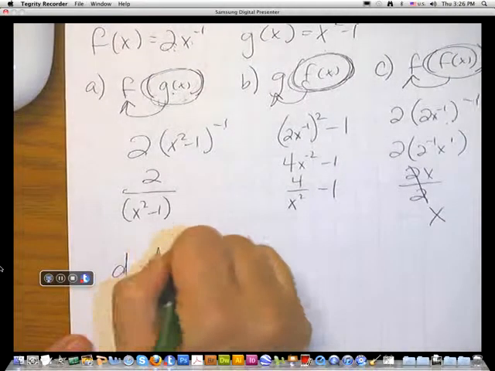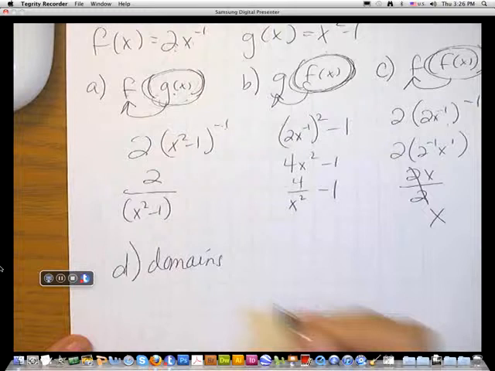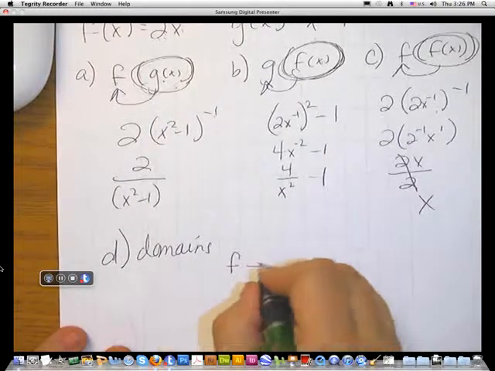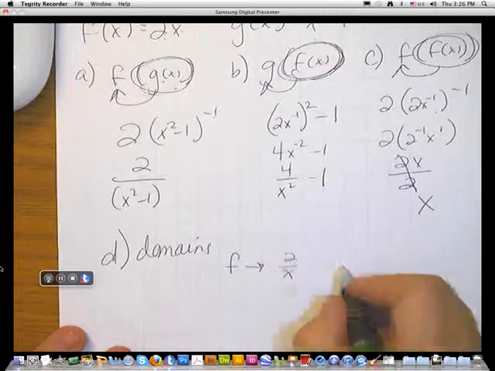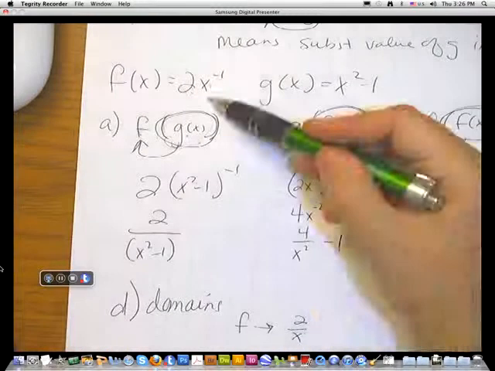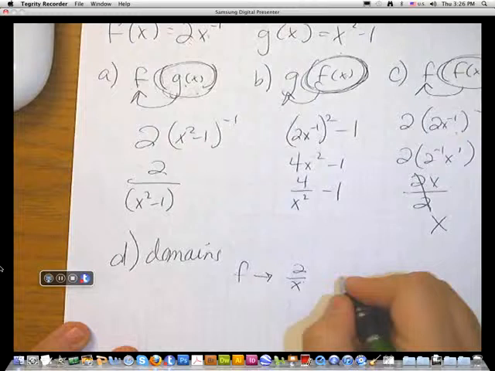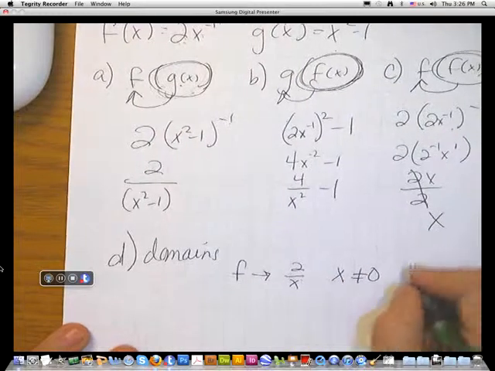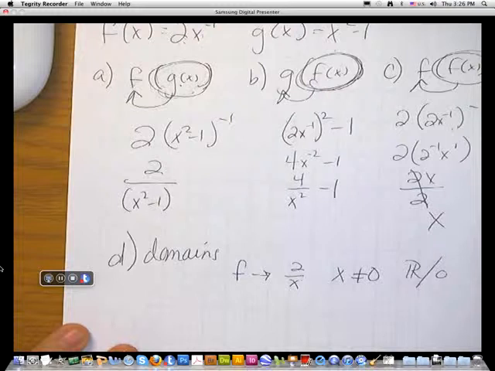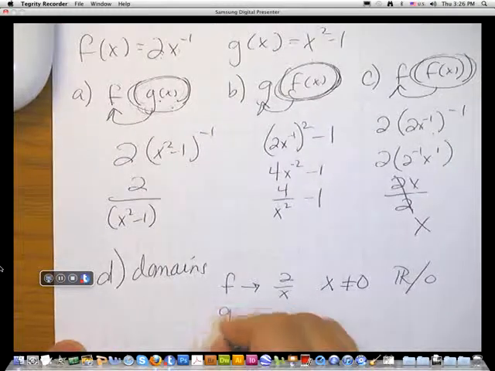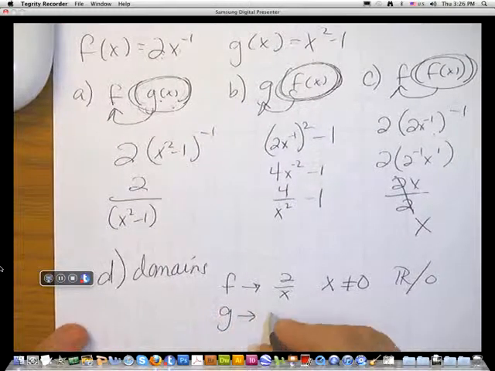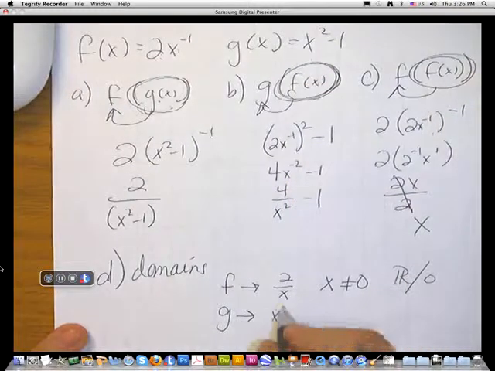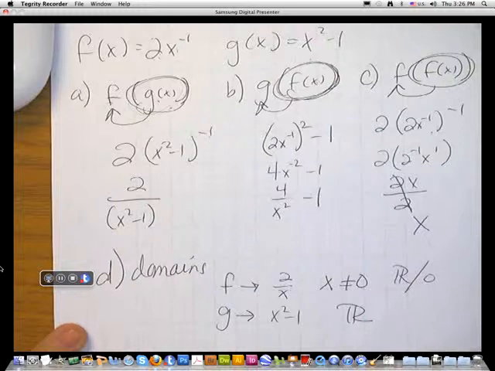So what are the domains? Well, the f domain is 2 over x, because 2 over x minus 1. It's x cannot be 0. It's everything except 0. g. Well, g is just a parabola. It's a square. So that's everything.